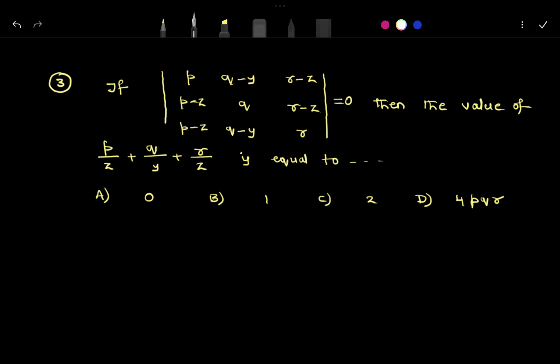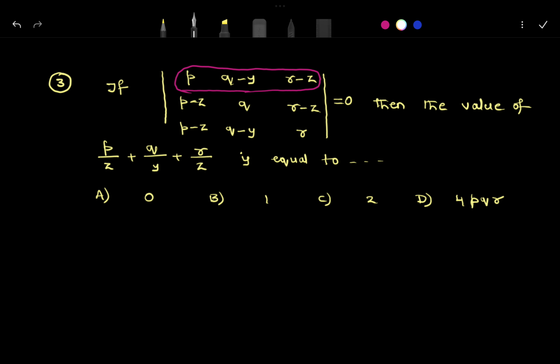Same concept you apply here. Suppose we consider that all the first row elements are equal to 0, obviously the determinant value will be equal to 0.